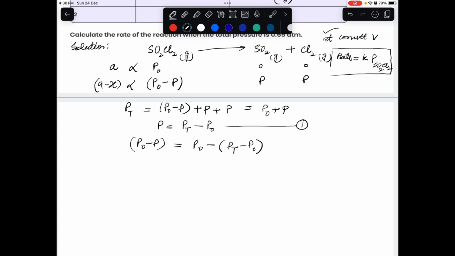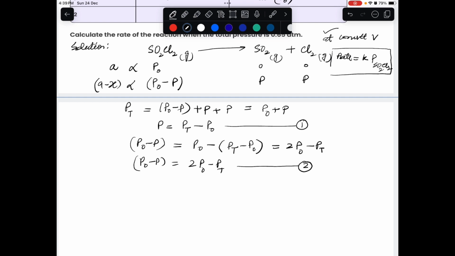Okay, when we open the bracket, this P naught inside the bracket will become plus. So therefore, we will be having 2P naught minus P total. P total will be negative here. So what we can say, this P naught minus P is equal to 2P naught minus P total. Suppose this is our equation number 2.